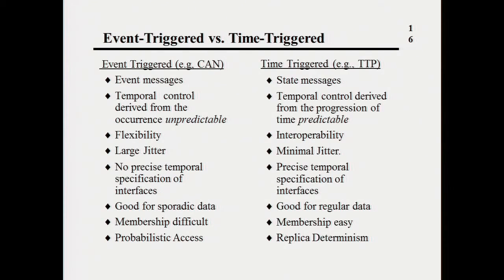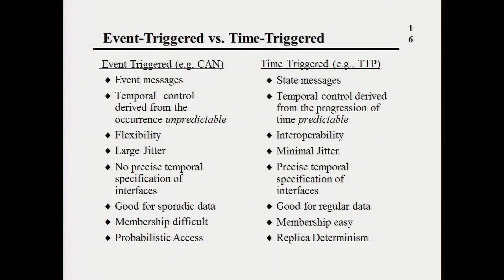On the other hand, in the time-triggered, the temporal control is derived from the progression of time, and so it's predictable. Right? That is the determining factor. The nice thing about event-triggered is that it's flexible because whatever you want, just plug in a component and everything continues to work. On the other hand, the time-triggered is about interoperability, so that the information can be exchanged in a controlled way.